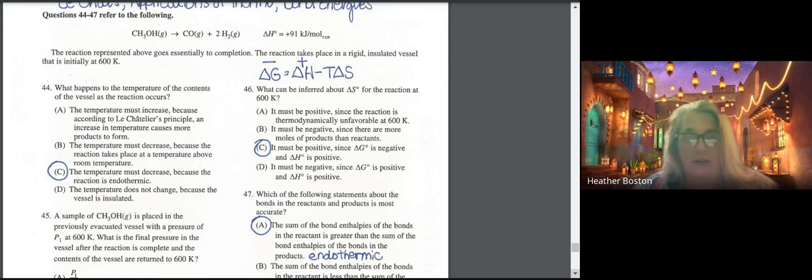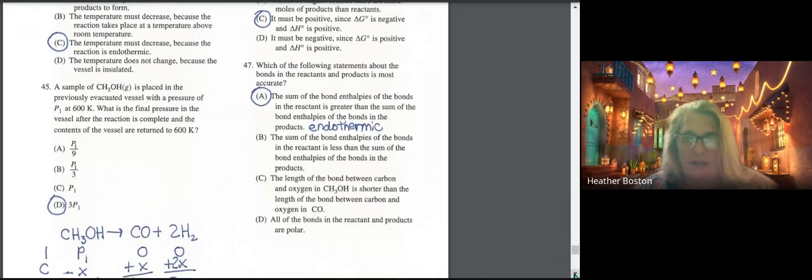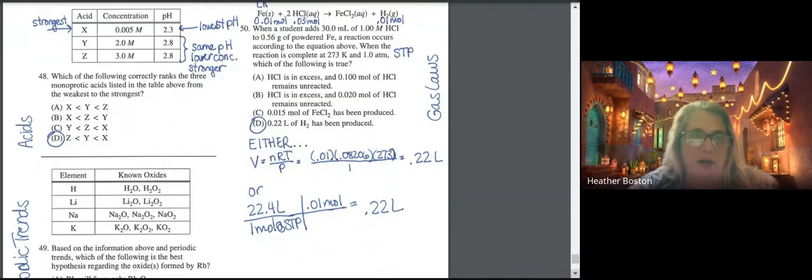Remember, a reaction is spontaneous if delta G is negative. A reaction is not spontaneous if delta G is positive. Reactants and products? Well, it's endothermic, so the reactants have to have less energy than the products. So that's why it's endothermic. The correct answer is A.